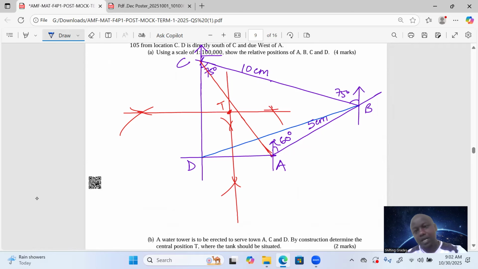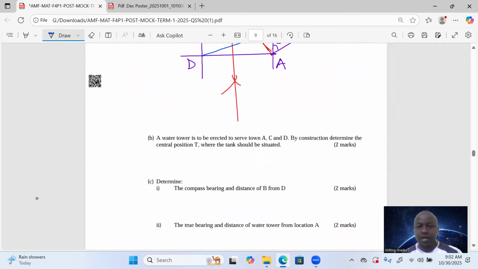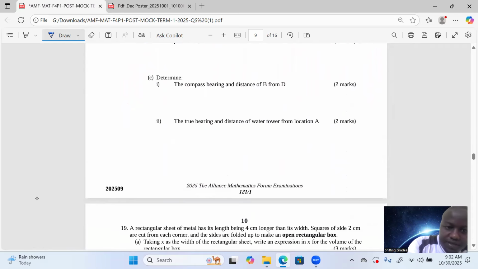After connecting them, you first measure the distance. When you measure this distance, you find that it is 10 centimeters. So the distance of B from D is 10 kilometers, give or take 0.1.